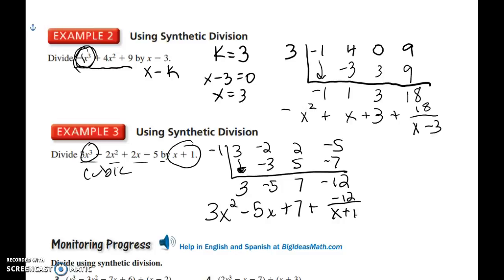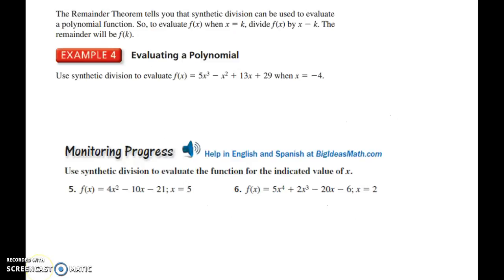Another useful tool for synthetic division is to evaluate a polynomial. If you look at example 4, instead of plugging -4 into this polynomial, which can be quite lengthy sometimes, and if you remember, a lot of people got this one wrong in the notes, plugging -4 in with your calculator, you forgot to put parentheses around your -4 before your exponents.